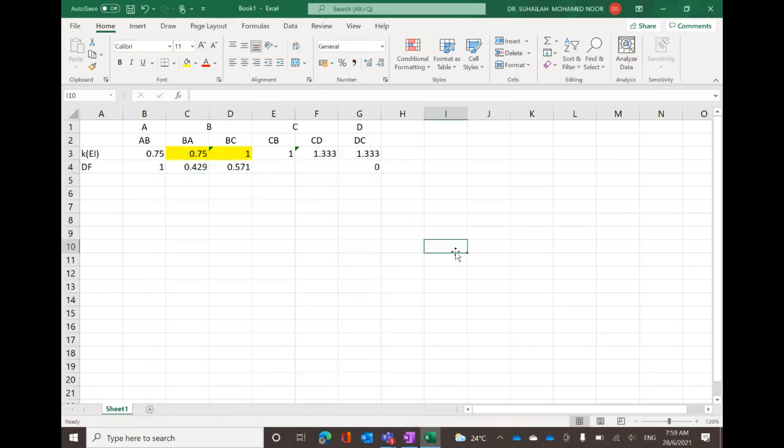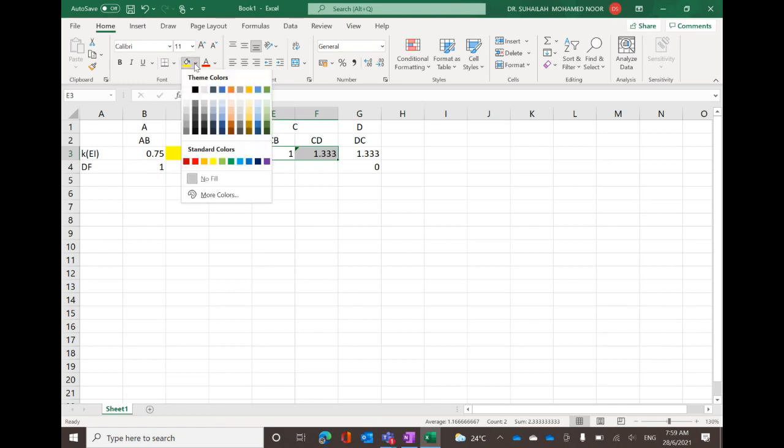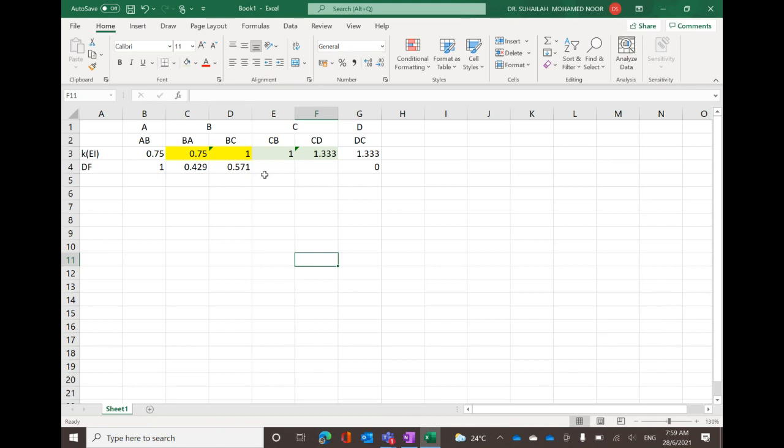So we move to joint C. The total K for joint C is 2.333.